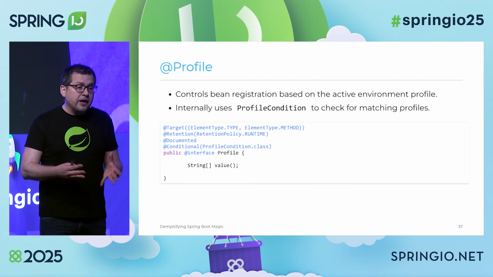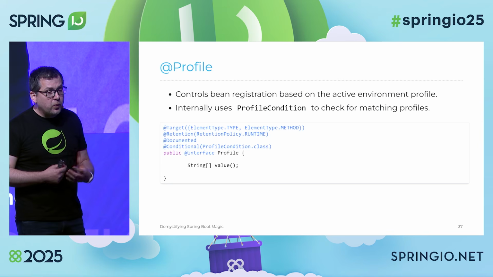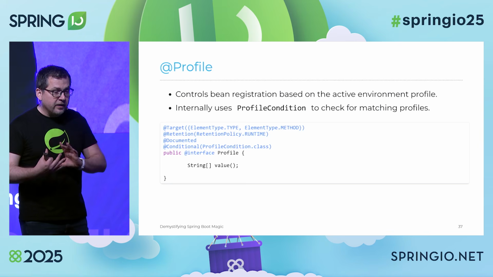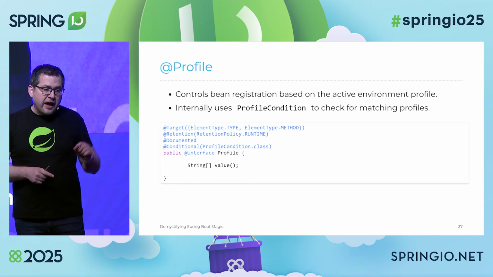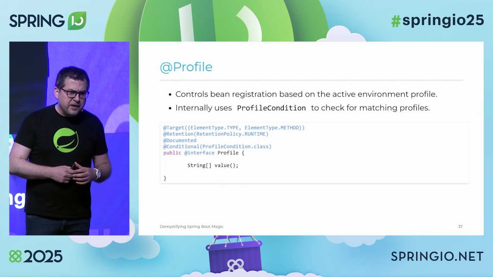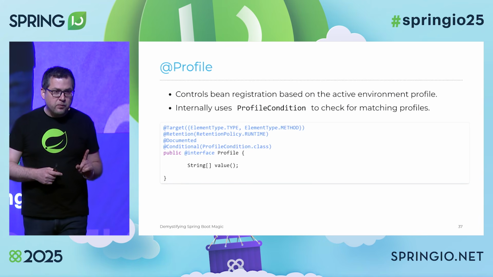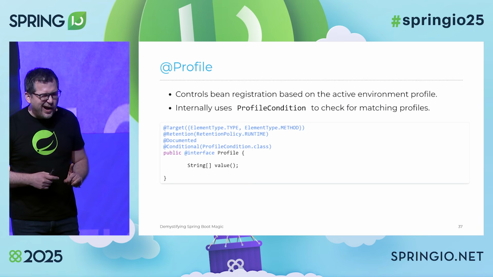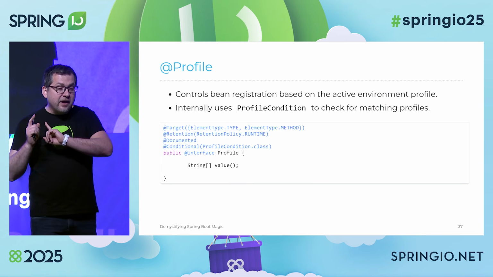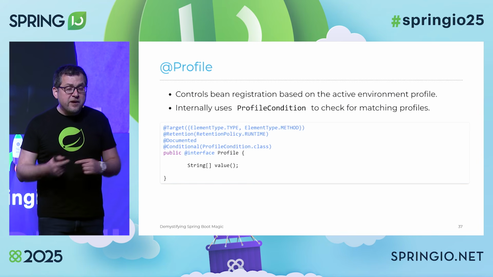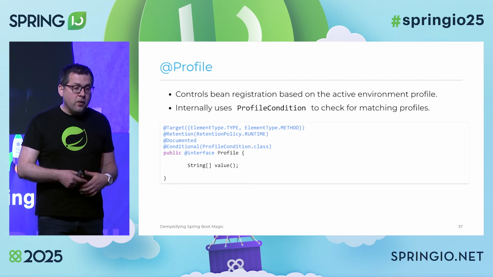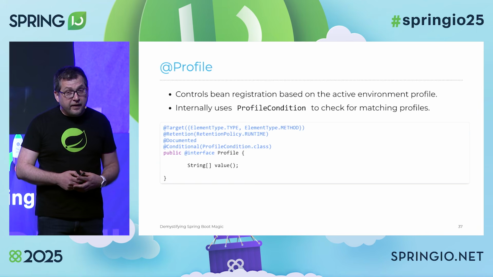So you could say profile is a very specific way of condition checking. Fun fact, @Profile was introduced in Spring Framework 3.1, so that's quite a while ago, I would say. And afterwards, when they came up with the approach of conditionals, they rewrote it, and now it follows the same approach as the conditional annotations we have everywhere else.